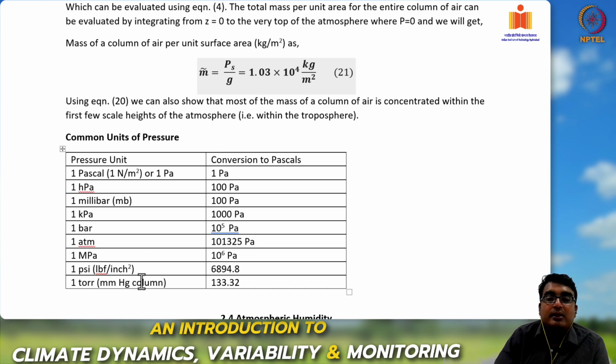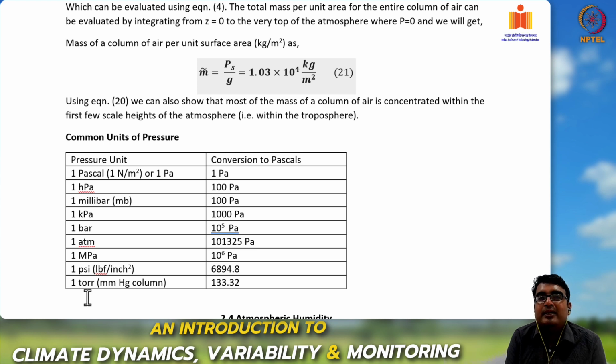Okay. Then you have the English unit of pressure, which is 1 psi, which is still common in many engineering disciplines. It is pound force per square inch of area, which is equal to 6894.8 pascals. Okay. Another popular unit is 1 torr, which is equal to 1 millimeter of mercury column. This is used in common places in the barometric pressure readings.